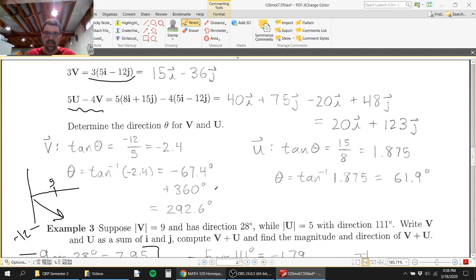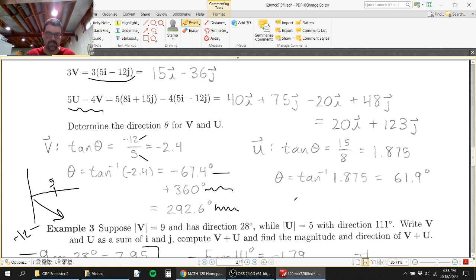Now, if you use the tangent result that we had from the previous section, you'd take vertical length over horizontal length, or vertical and horizontal components. That has to be the tangent of the angle. So we do an inverse tangent, and your calculator will give you a negative result. And if we want the actual fourth quadrant result that points in the same direction, that's what the 292.6 is.